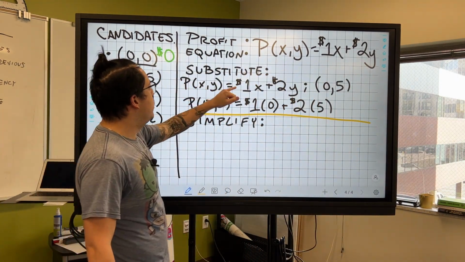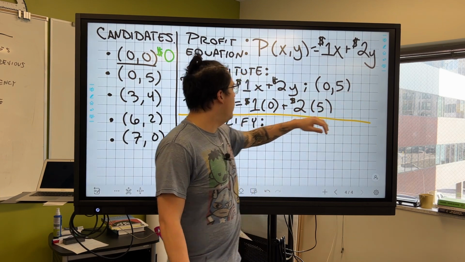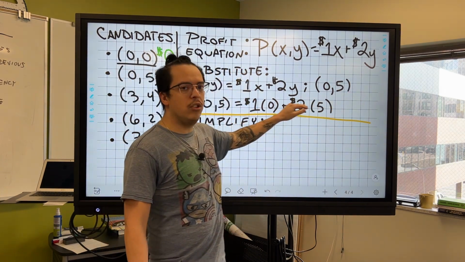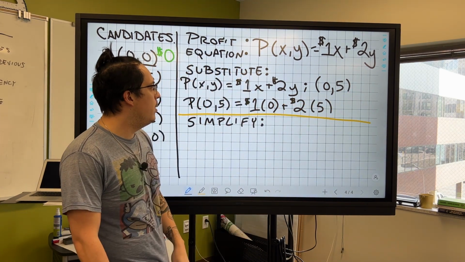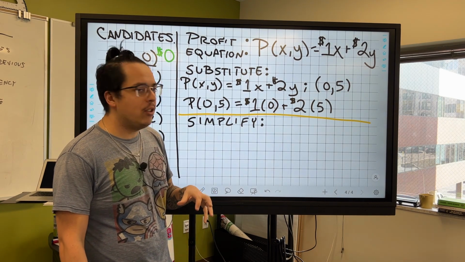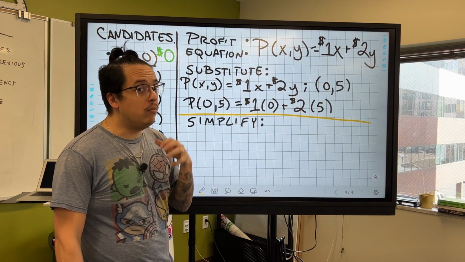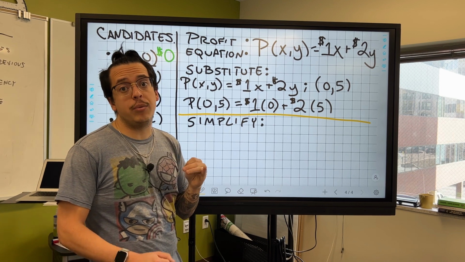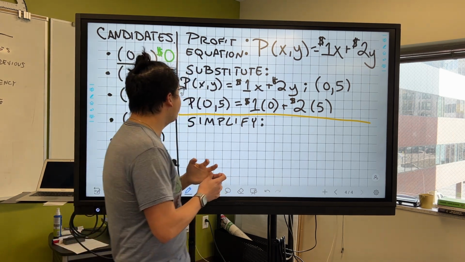We're talking about 0 cars and 5 trucks. And so I did that substitution independently. I hope that you're able to do the substitution independently as well. If not, talk to me and we'll keep talking about substitution because it's very important.